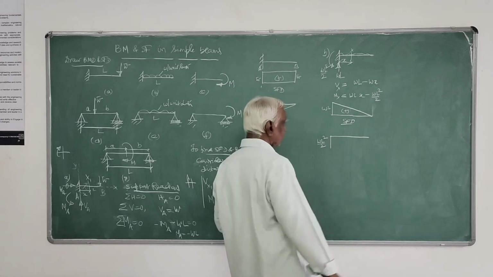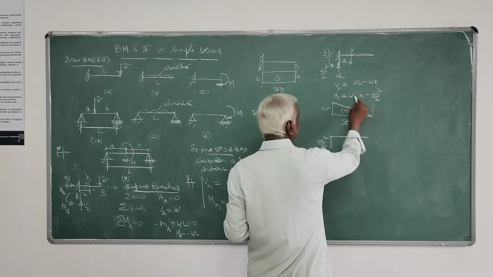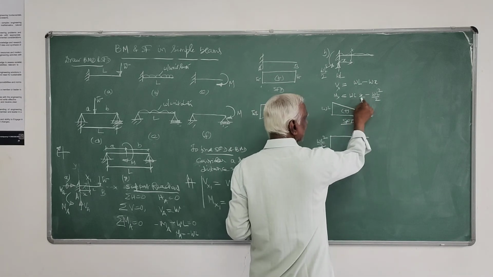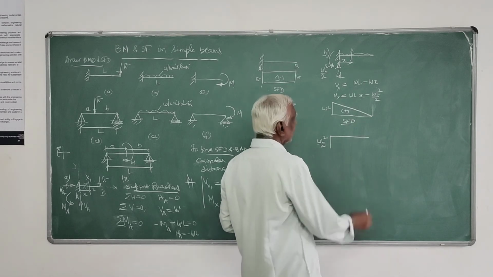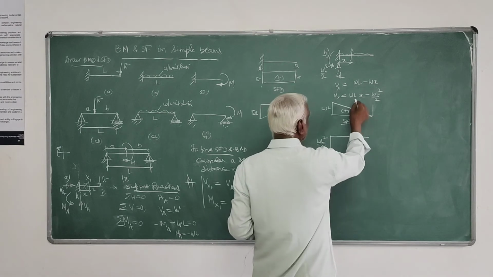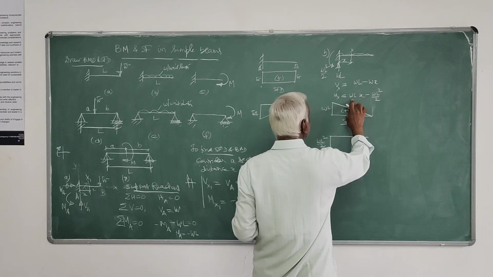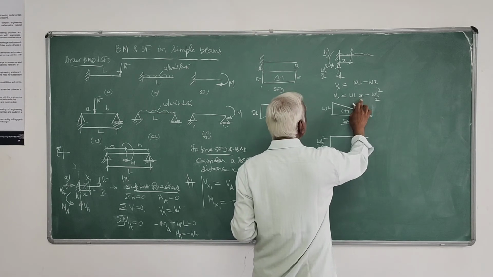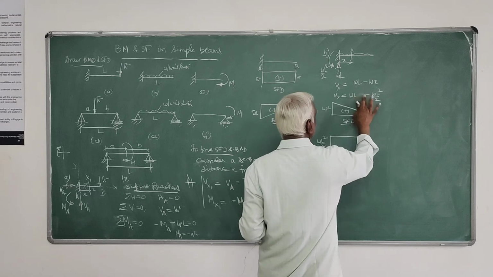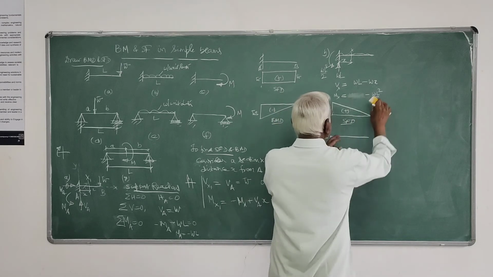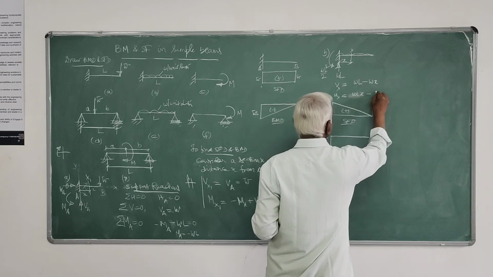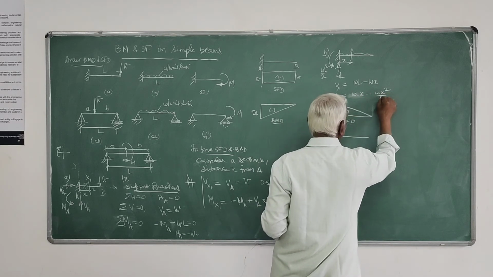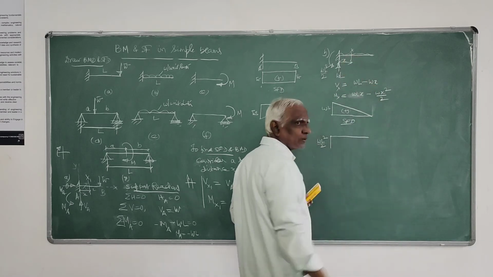WL squared by 2 minus. Then at x equals L, it is WL squared minus WL squared by 2. And here, WL squared by 2. Sorry, this equation is WLx minus Wx squared by 2, that is Wx into x by 2.